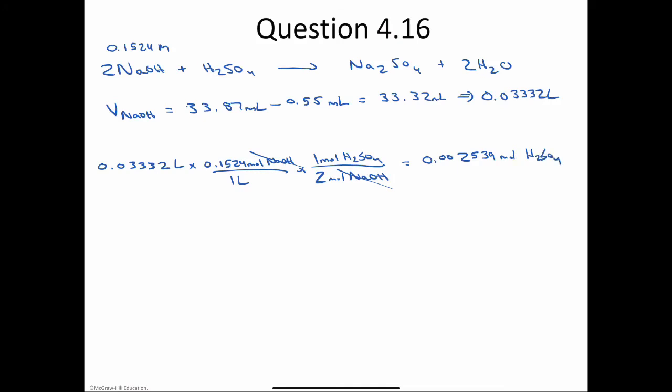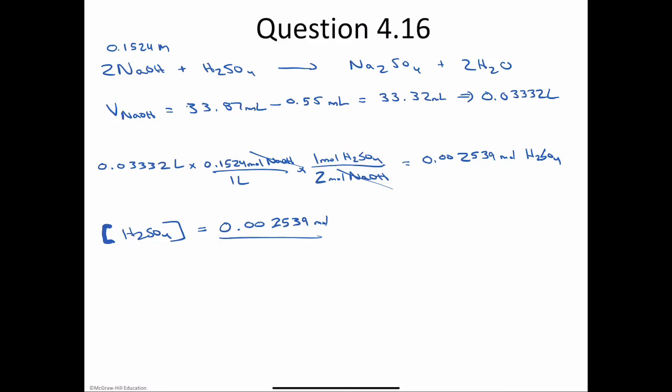All right, so I want the concentration of my sulfuric acid. The concentration of the sulfuric acid is going to be equal to the number of moles of sulfuric acid divided by the volume of sulfuric acid, and you'll remember that that was provided in the question. It was 50.00 milliliters.